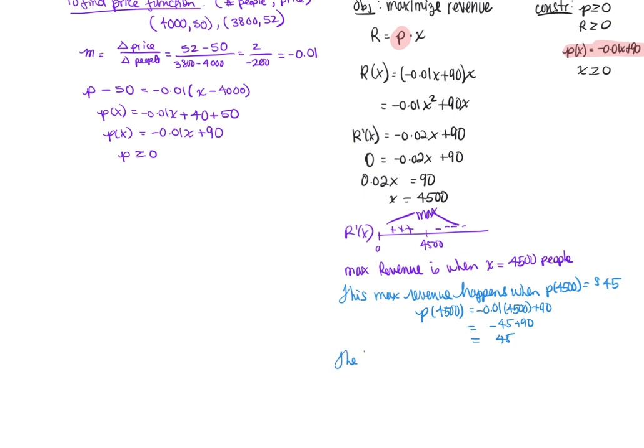So the ticket price that maximizes revenue is, oops, I misspelled revenue. There we go. Revenue is $45. And that is our solution to this problem.